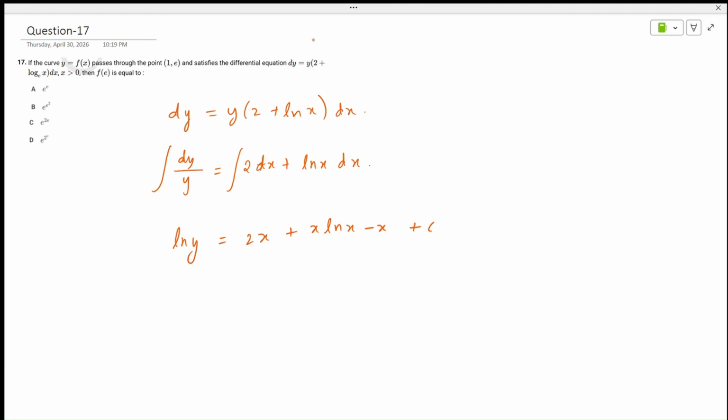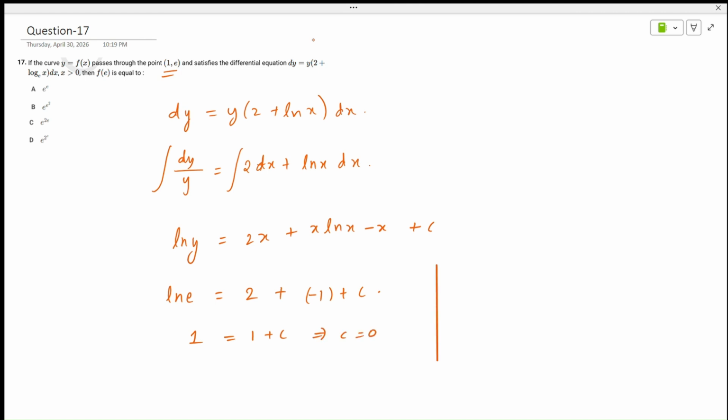Since this equation is passing through (1, e), if we substitute e here, ln e equals 2 plus, this becomes 0, so minus 1 plus ln e is 1, so 1 equals 1 plus c, that means c equals 0.